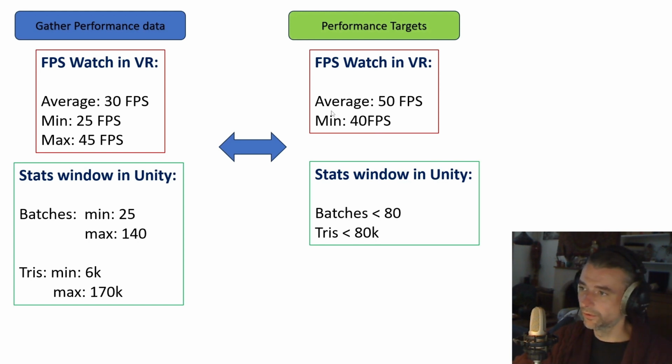So to reach those FPS values in VR, I would highly recommend you optimize your experience and decrease the number of batches and the triangle count. You should never have in any places more than 80 batches. And you shouldn't have in any places more than 80k triangles.